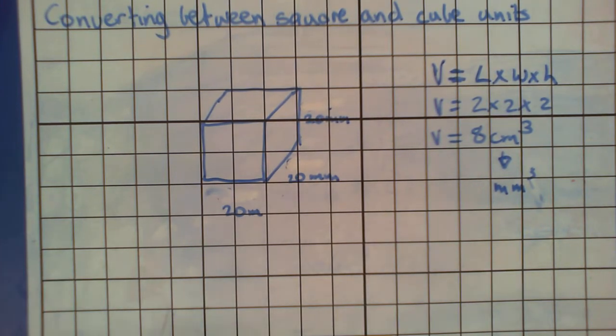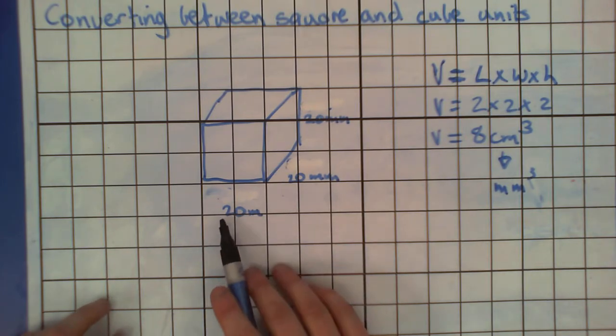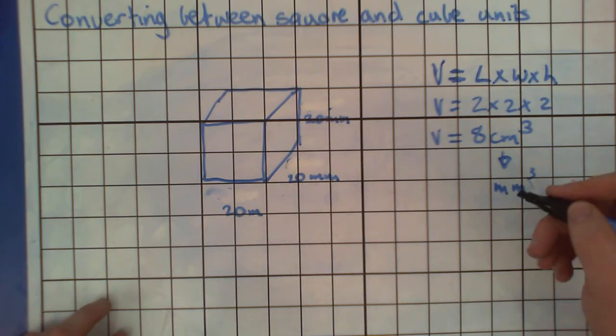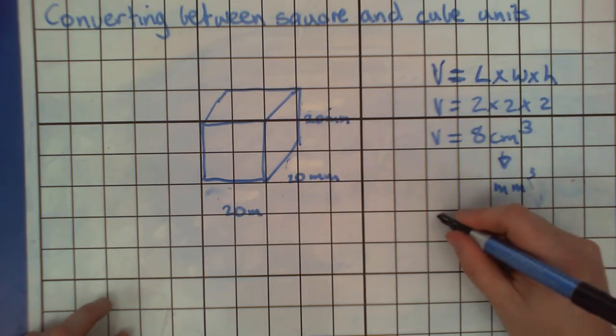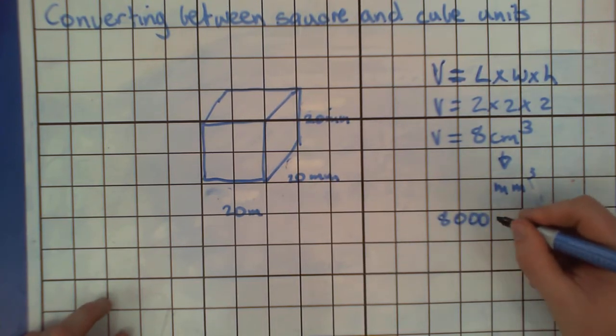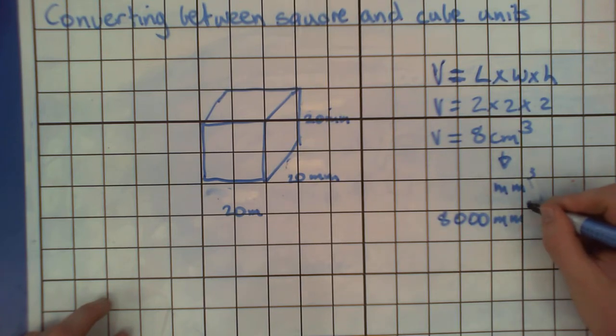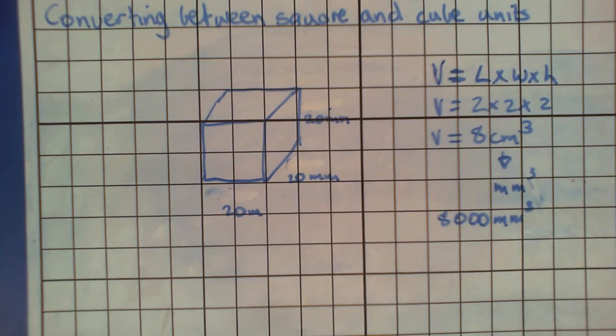Then I can multiply them all. 20 times 20 times 20 means I'm going to have 8,000 millimeters cubed.